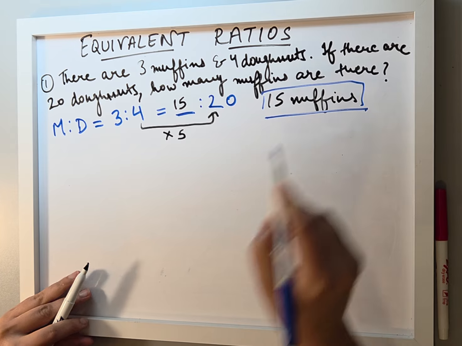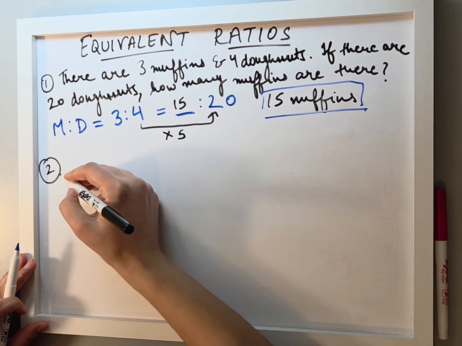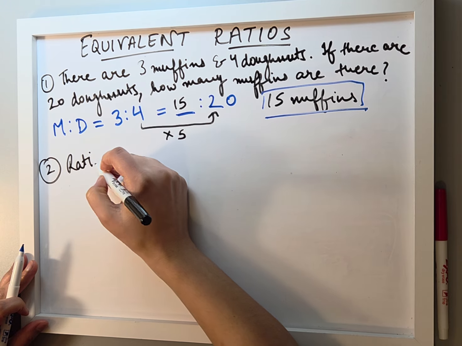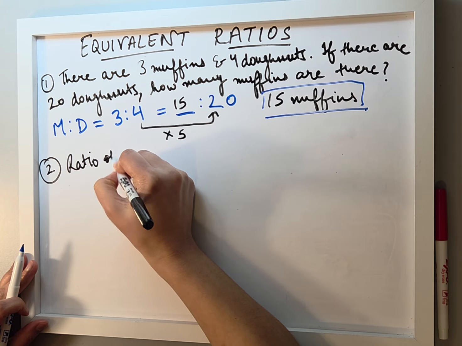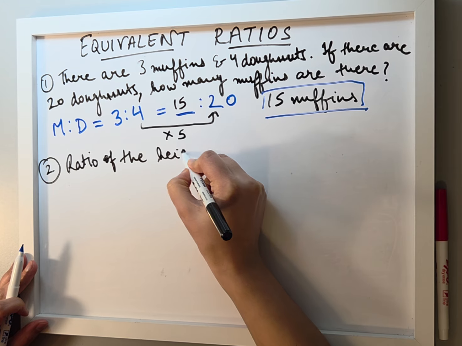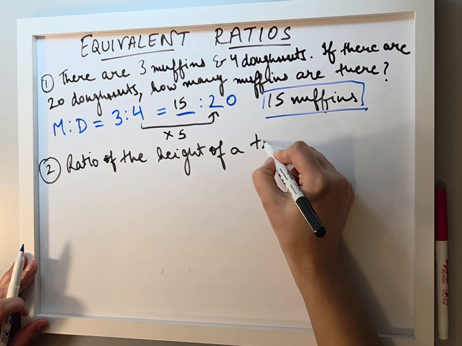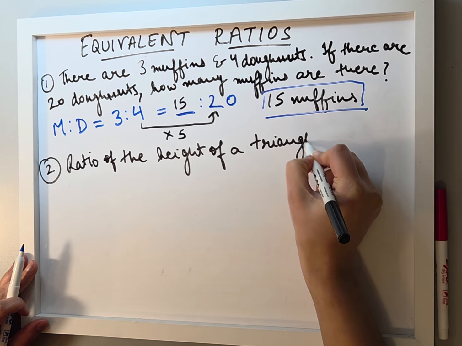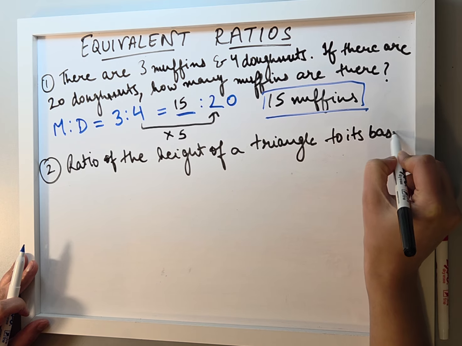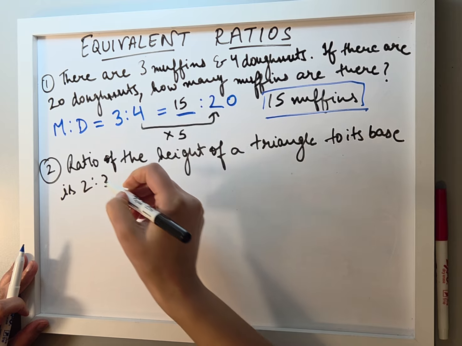Okay, let's do another problem. Here they're directly giving the ratio: the ratio of the height of a triangle to its base is 2 ratio 3.